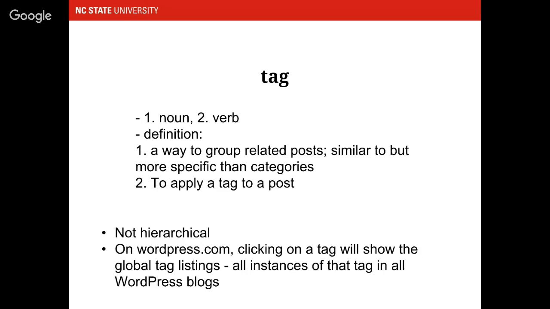So using the cat blog example again, you might have categories that are things like indoor cats and outdoor cats, or calico or something like that. And those are going to describe the big topic areas that you're going to be writing about on your blog. But your tags might be used for more subtle commonalities between posts, I guess.